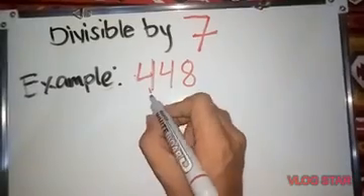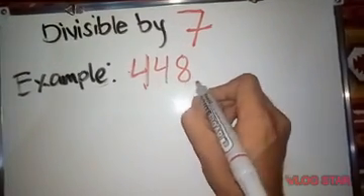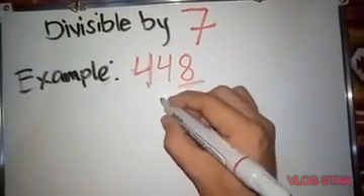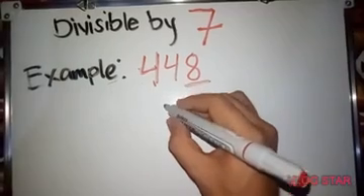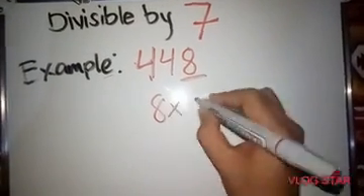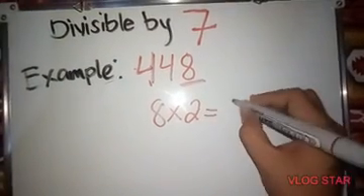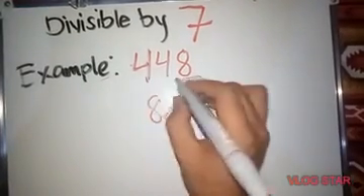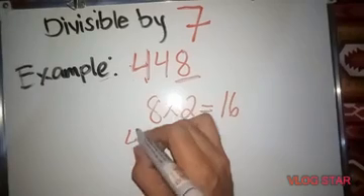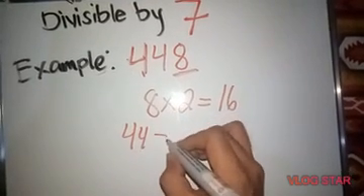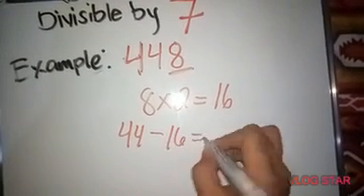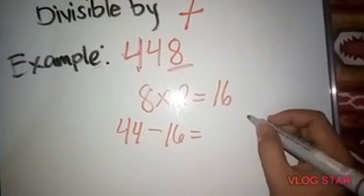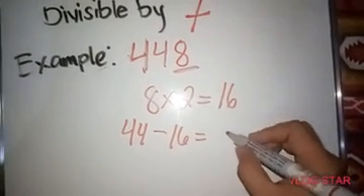Another example, 448. Twice the last digit, so 8 times 2, the answer is 16. Then subtract: 44 minus 16, the answer is 28.